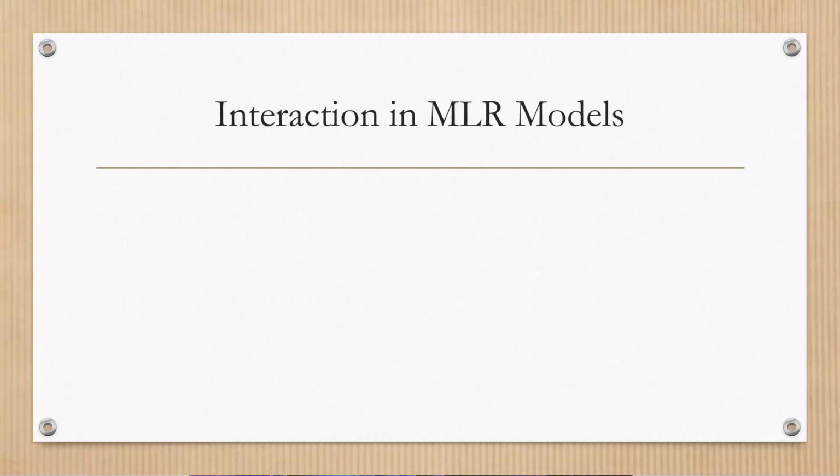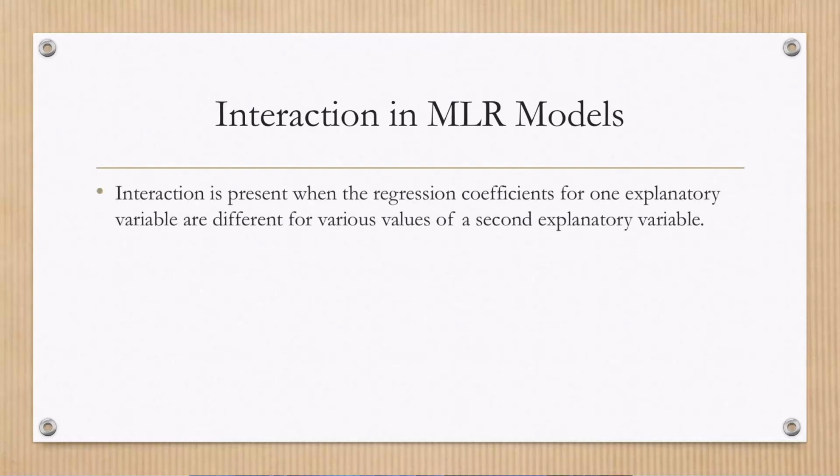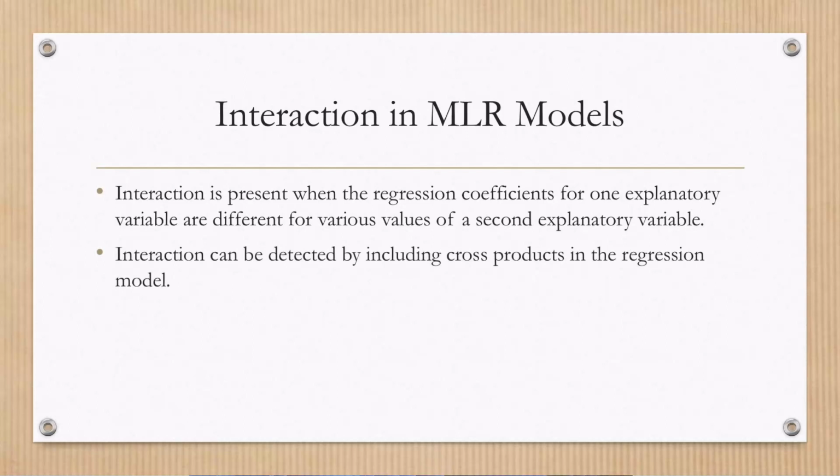Interaction in multiple linear regression models is present when the regression coefficients for one explanatory variable are different for various values of a second explanatory variable. And the way we can detect this is by including a cross product in the regression model.